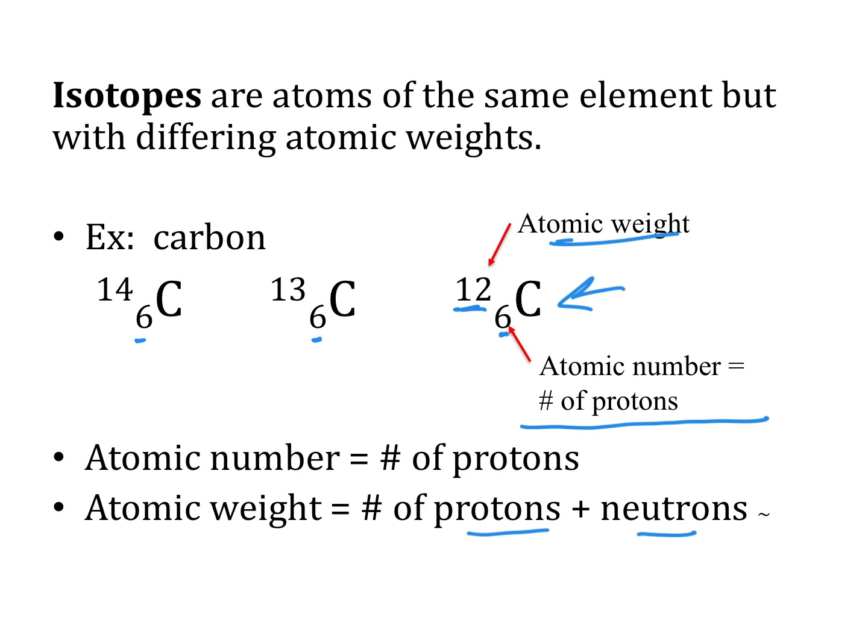We must have 7 neutrons to get us to a weight of 13 in this isotope of carbon, and we must have 8 neutrons to get us to a weight of 14 in this isotope. You might have heard of this isotope here because carbon-14 is a radioactive or unstable isotope of carbon.